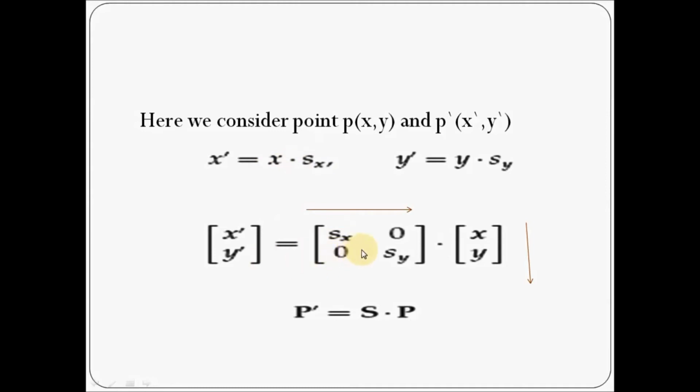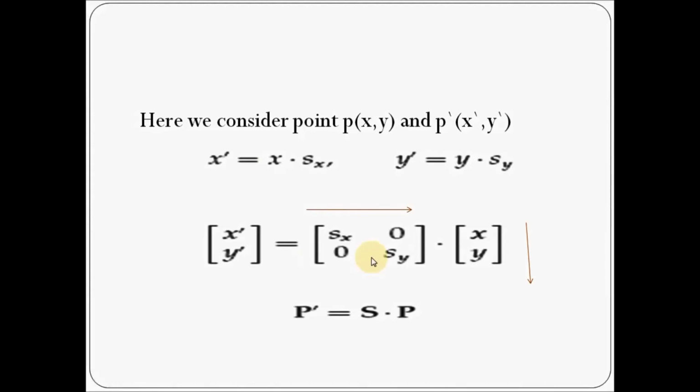So y dash is equal to 0 into x plus sy into y. 0 into x is 0, so obviously it will come as y dash is equal to y into sy. Getting, guys? So even if we introduce zeros, the form of x dash and y dash won't change. So this is the matrix form for scaling, right?